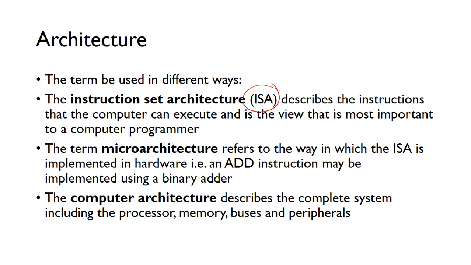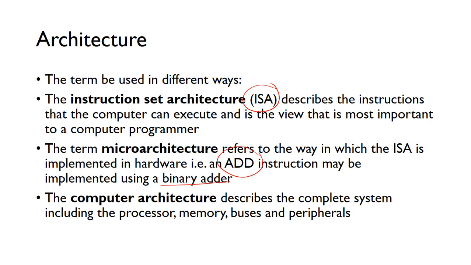For a simple example, we know that an add instruction is implemented using a binary adder. When you're a programmer, you don't really care how that's implemented. You just want to add two numbers together. But if you're designing the computer, you obviously need to know exactly how the add instruction is going to be implemented.